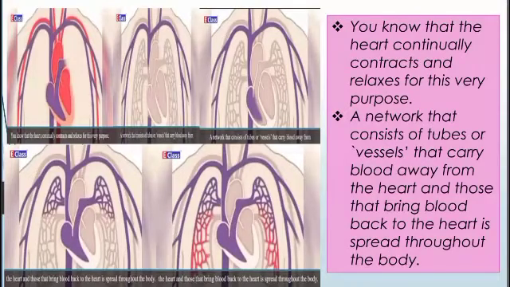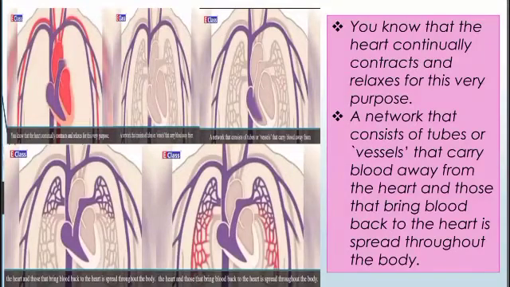You can see that these vessels are present in the body, and when the contraction and relaxation process takes place in the heart, the blood comes to the heart and slowly and gradually reaches different parts of the body. It spreads to different parts of the body when the heart relaxes.